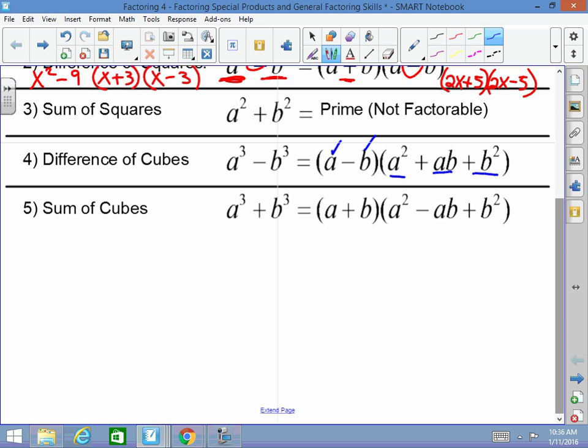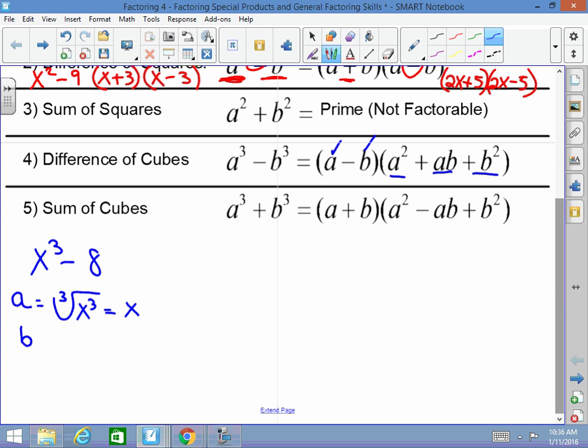Now, what does that mean in English? Let's say I have x cubed minus 8. This is the procedure I follow all the time. Remember, guys, I've been doing this for 20 years and I still follow this procedure. Please don't try to be a hero. Follow directions. I find my a term first, and I take the cube root of my first term, x cubed. So my a is x.